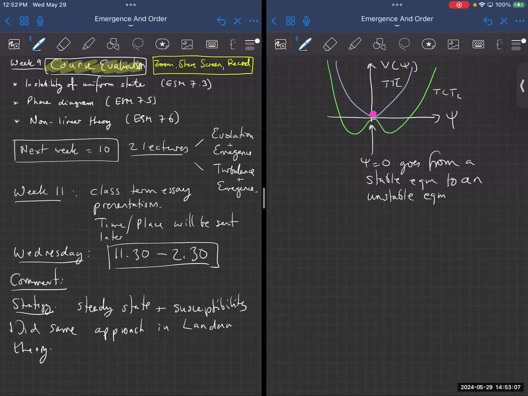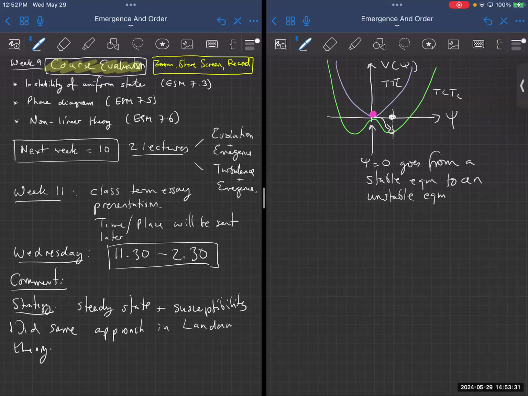And you can see that here, if we now have T less than Tc and we start at psi equals 0 plus a little bit of noise, let's suppose the noise pushes slightly in this direction, then the system will go down this well and eventually get to this equilibrium position down here.